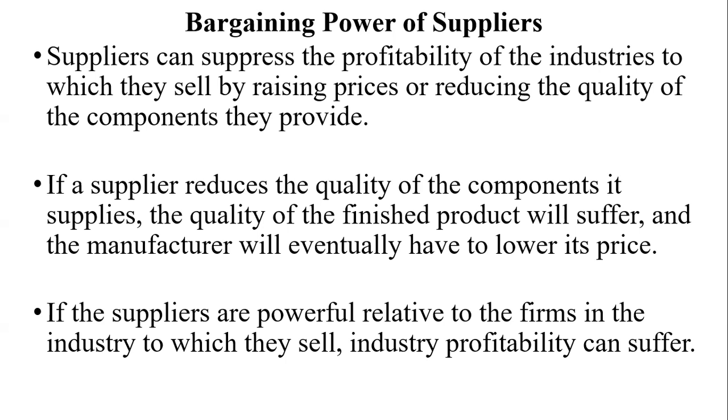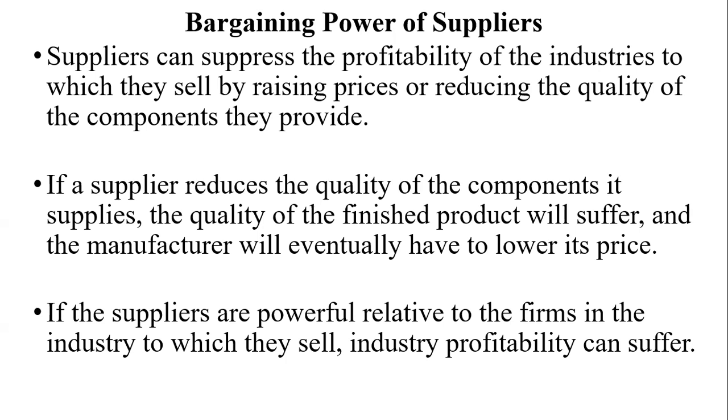The first avenue they can use to suppress your profit is when they decide to raise the prices of the goods and services they sell to you, so that it will also affect the profit that you are trying to save.